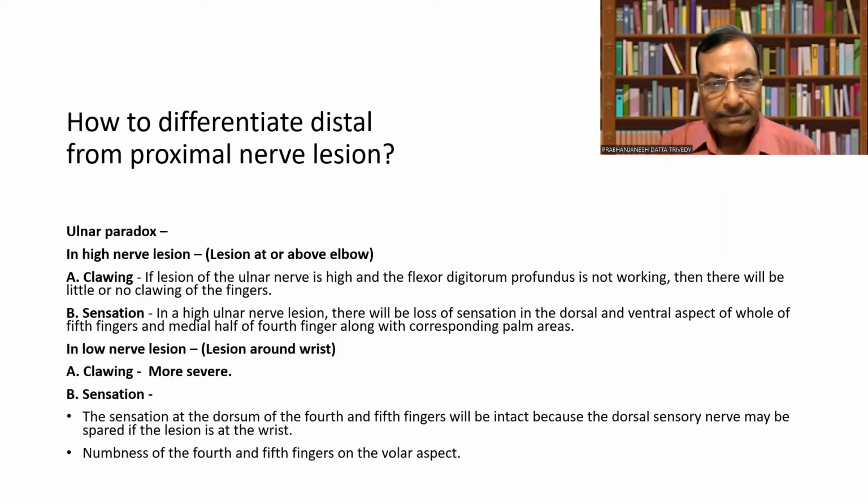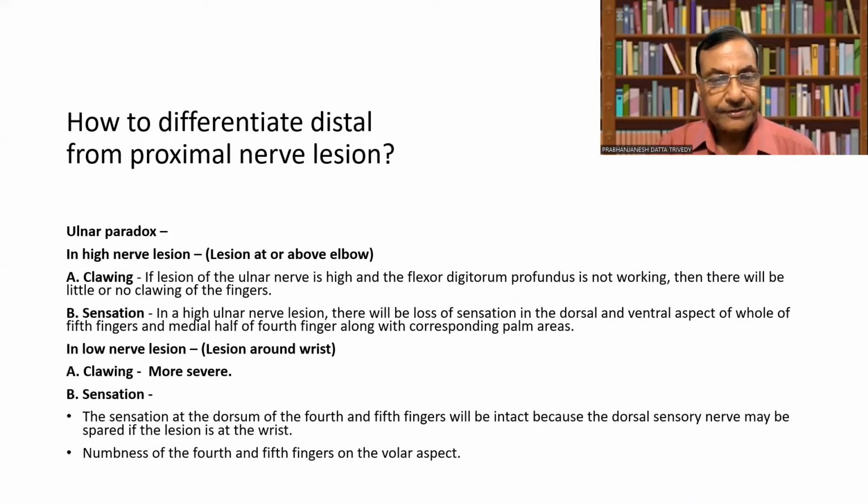In low nerve lesions or lesions around the wrist, the clawing will be more severe because now the flexor digitorum profundus is acting and it will flex the interphalangeal joints more.